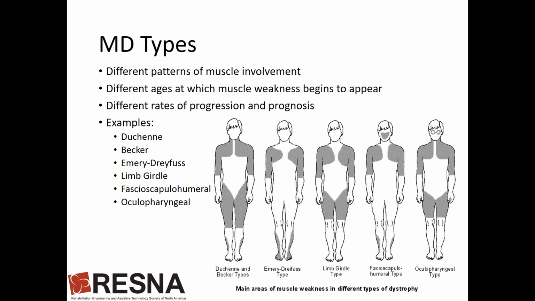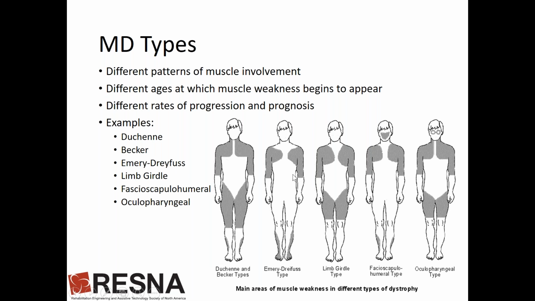I typically treat them very similarly with the assistive technology. But if I ask my friends in the neuro ALS MD clinics, they'll talk to you for 45 minutes about the differences. For the purposes of our exam, Duchenne's and Becker are going to be the ones. I bet you see Duchenne's and Becker the most.